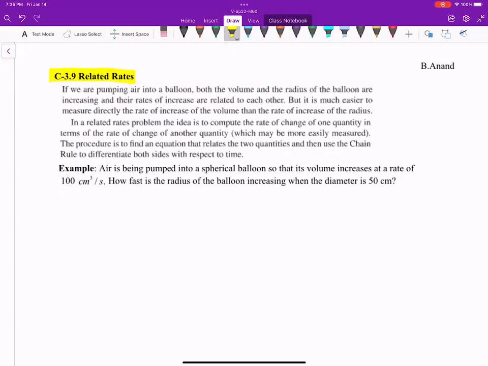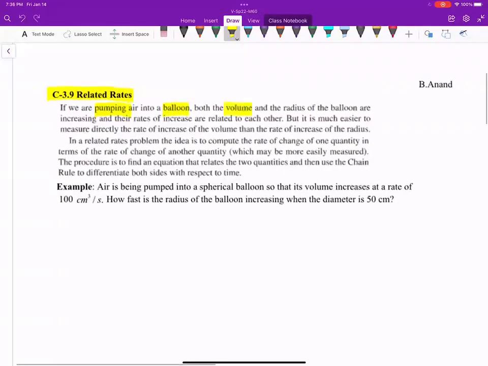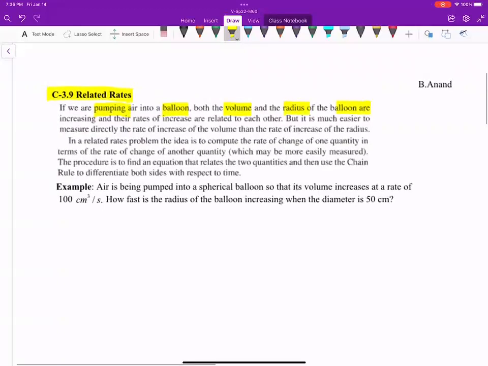Let's take an example: if we are pumping air into a balloon, both the volume and the radius of the balloon are increasing, and their rates of increase are related to each other. But it is much easier to measure directly the rate of increase of the volume, because it's bigger, than the rate of increase of the radius.